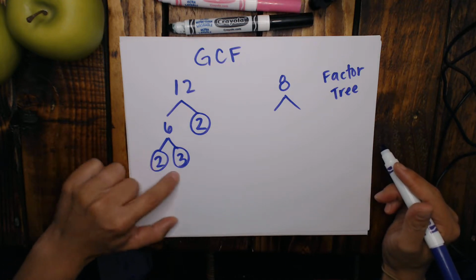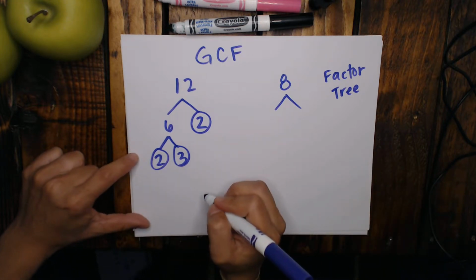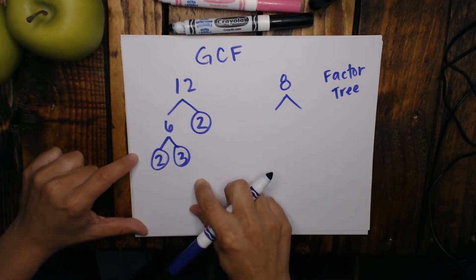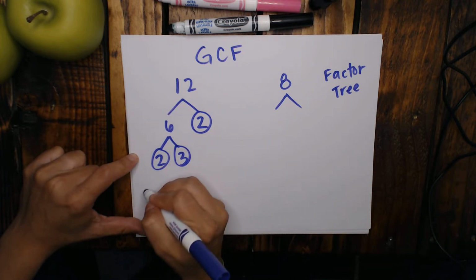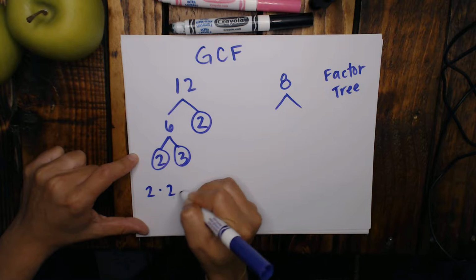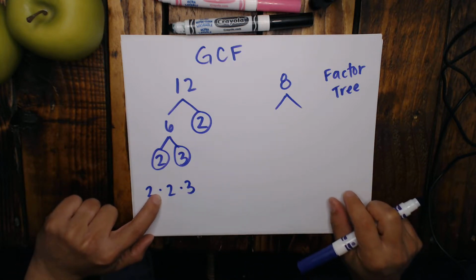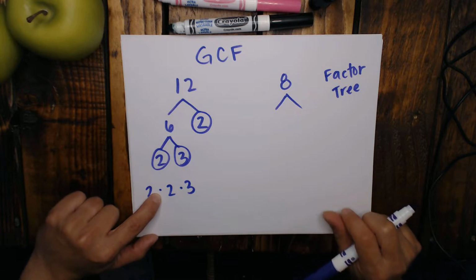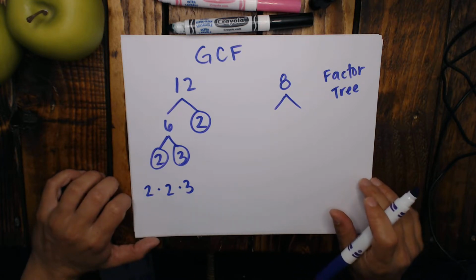I like to circle my numbers when I reach those prime numbers, and then I like to rewrite it as a multiplication sentence. I do it listing my smallest factors first, 2 times 2, and then 3. I always use my dot here to represent multiplication because, being a 6th grade teacher, we're going to soon enter the world of algebra.